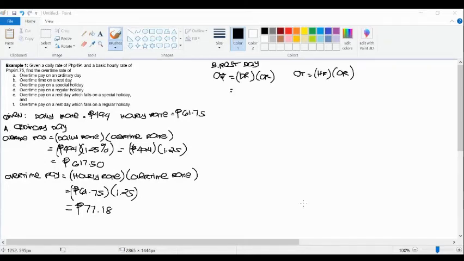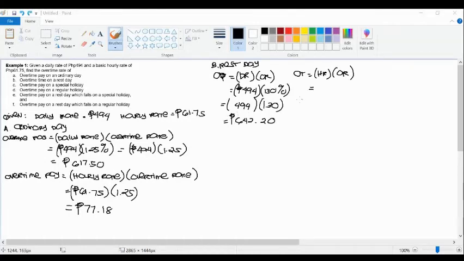Now, let's compute the overtime daily and hourly pay rate on a rest day. First, for the daily rate, overtime pay is equal to your daily rate times your overtime rate. So that will be 494 pesos multiplied by 130%, or if we convert this to decimal, 1.30, and it will give us a product of 642.20 pesos.